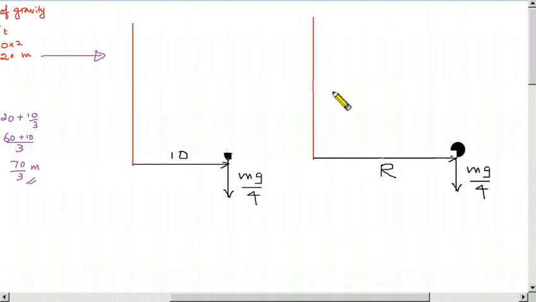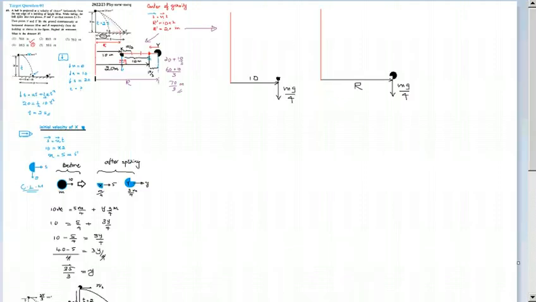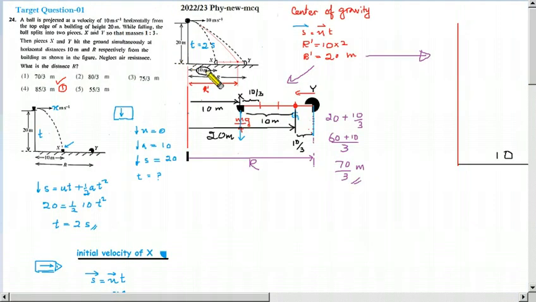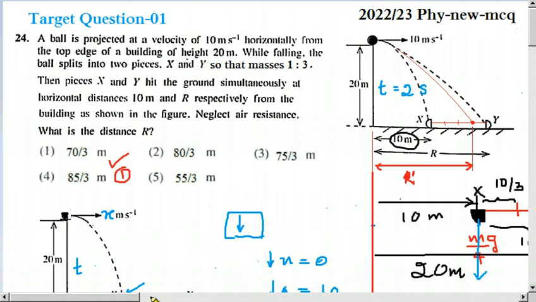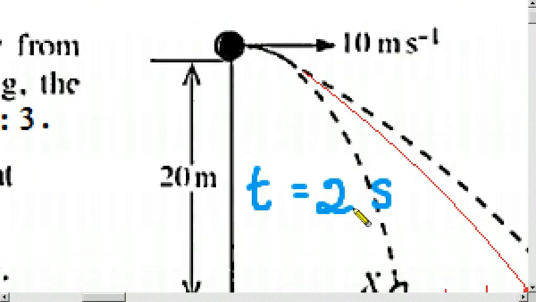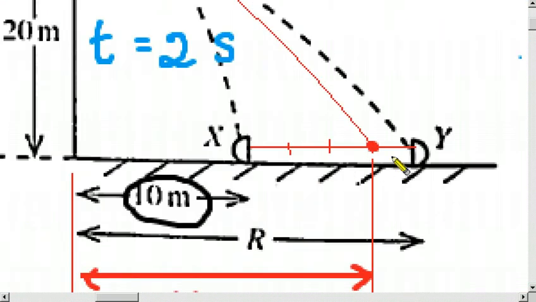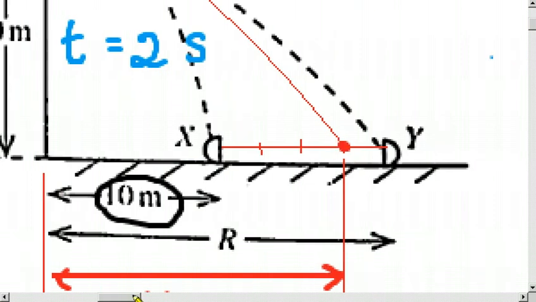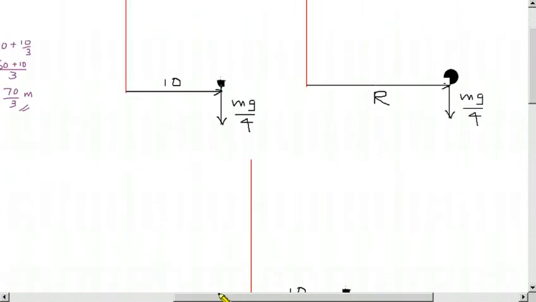Then there's another diagram for the center of gravity. Since this one is here, this place now we are drawing, this red one, the center of gravity, we are going to draw it.